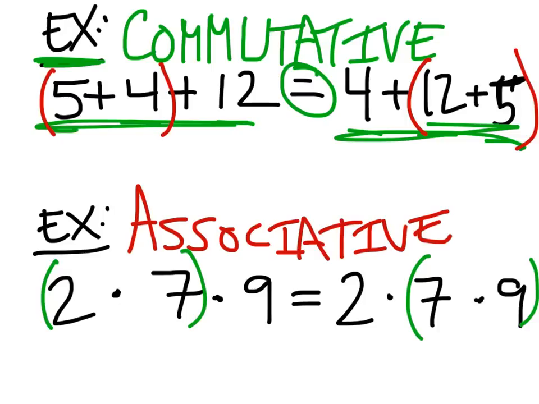But the order did not change. So it's commutative, all right? Also, just a quick reference, please do not abbreviate associative. Again, though, just ignore the parentheses, all right? Okay. It's the order that you're looking for.